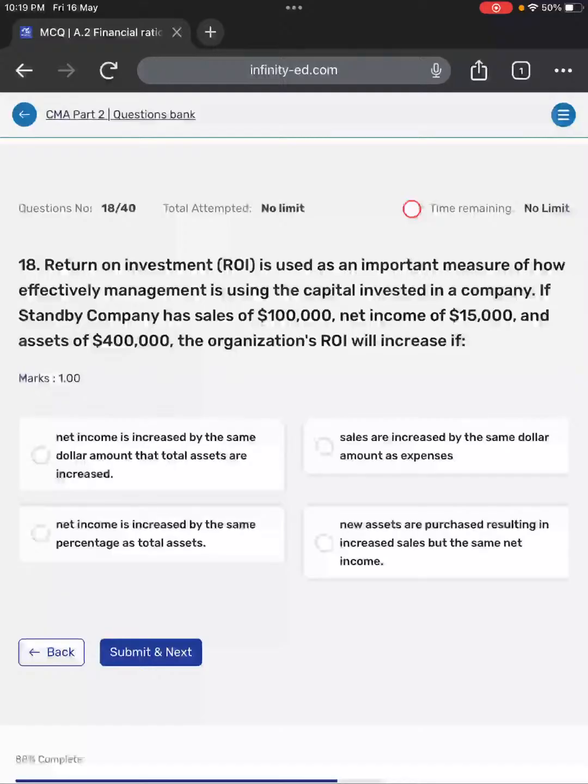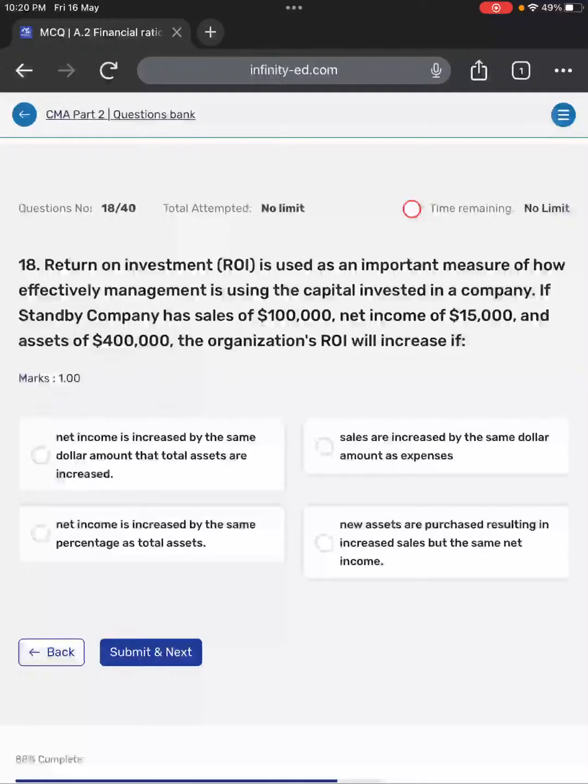Now, which one will be the correct answer? Let's calculate the return on investment, ROI. Net income divided by total assets is the return on investment.